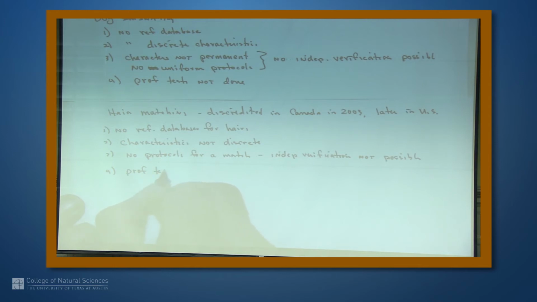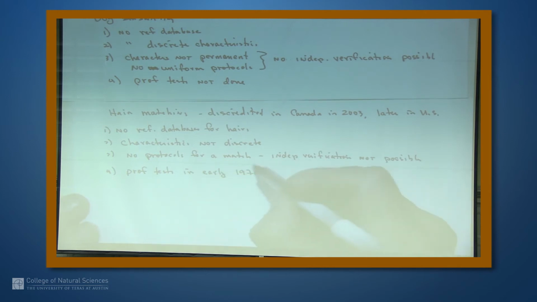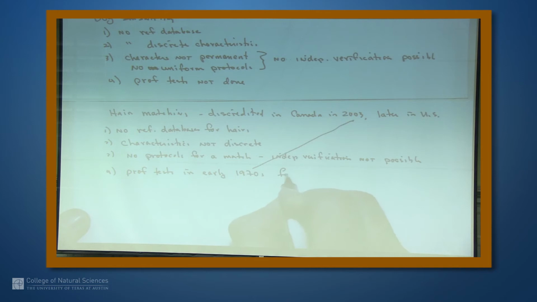Proficiency tests in the early 1970s. Compare that to this, right? They found error rates of 28% to 68% of the time.